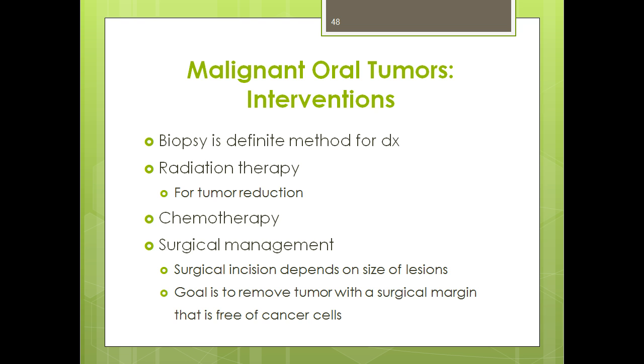And at times when a person has an oral tumor that's malignant, they'll do radiation therapy, primarily so that they can reduce the size of the tumor. Then from there, depending on how everything is, they can go to some form of chemotherapy.